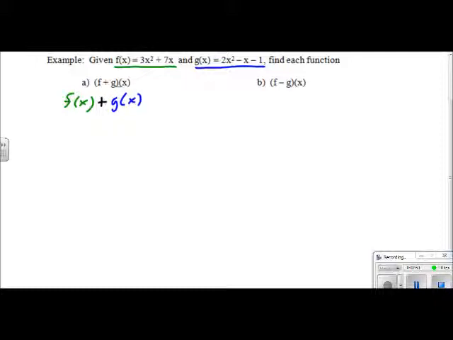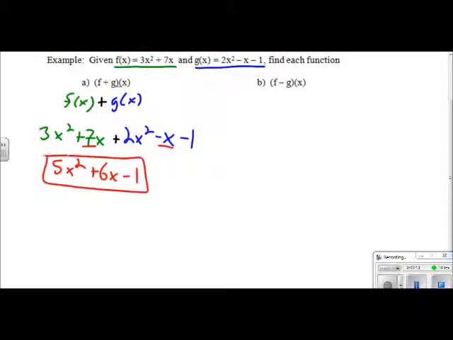So it would be 3x squared plus 7x plus 2x squared minus x minus 1. When we combine all these together, 3x squared and 2x squared give us 5x squared, plus 6x, because we have 7 and negative 1, and minus 1. So this is our f plus g of x, this total function.